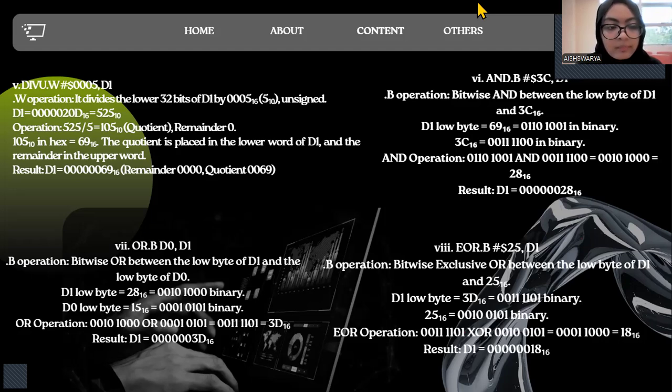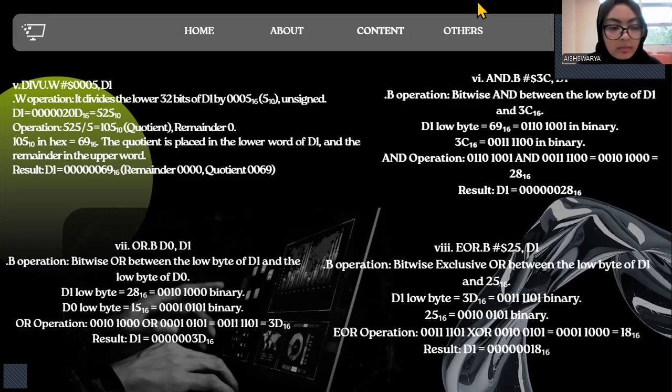The sixth is OR.B D0, D1. B operation, bitwise OR between the low byte of D1 and the low byte of D0. D1 low byte is 28, 00101000 in binary. D0 low byte is 15, 00010101 in binary.